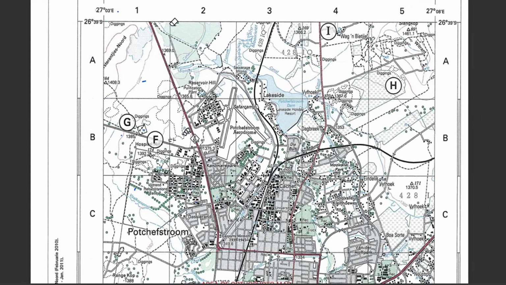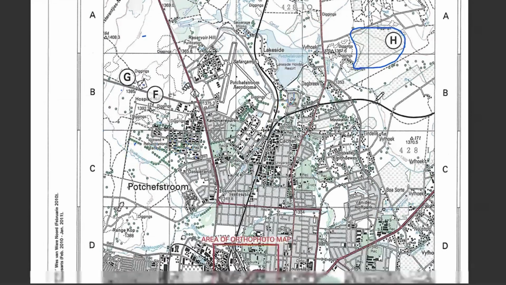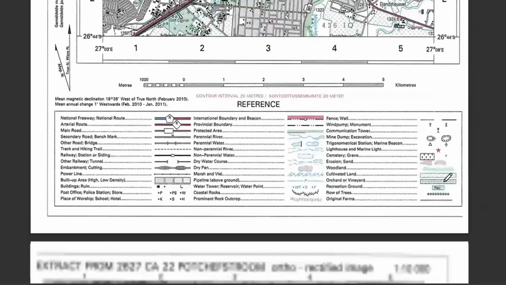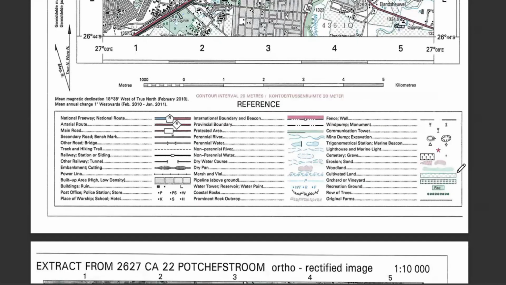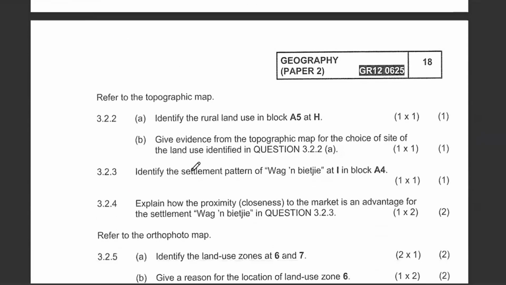Right, our H is here. What is the land use here? We are referring to this area. We go to our key and check. The same thing that we are seeing here. So, without wasting our time, the rural land use is cultivation.